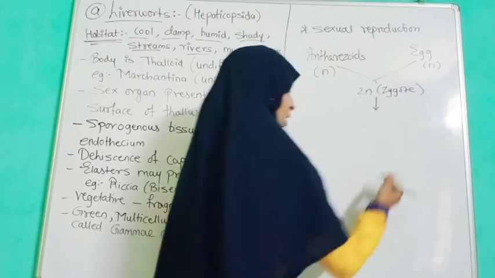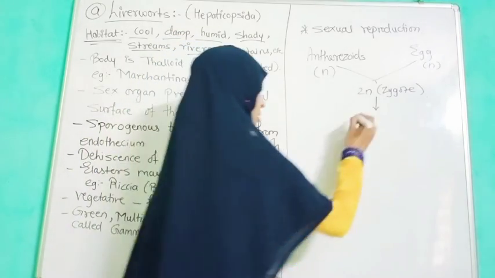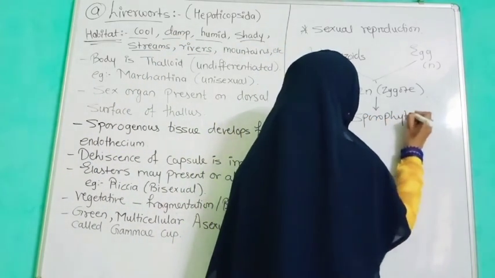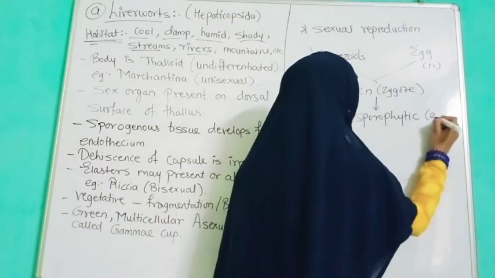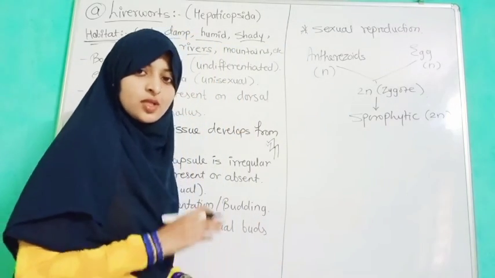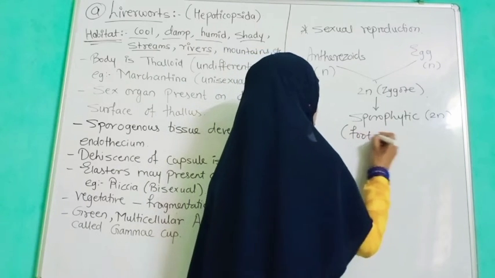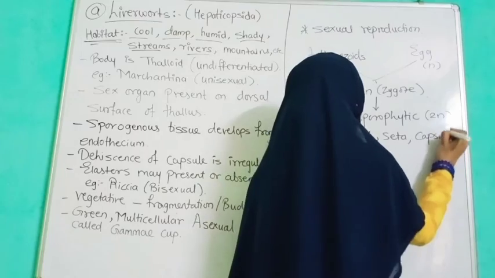This diploid zygote develops into the sporophytic life stage. This sporophytic life stage is diploid in nature because it avoids meiosis instantly, and it contains foot, seta and capsule.